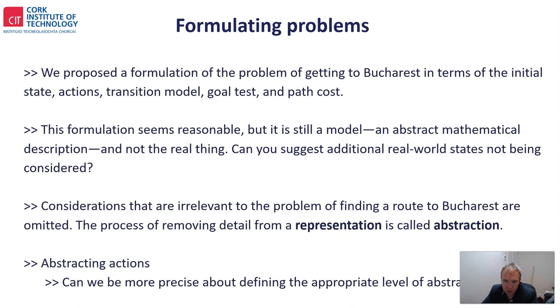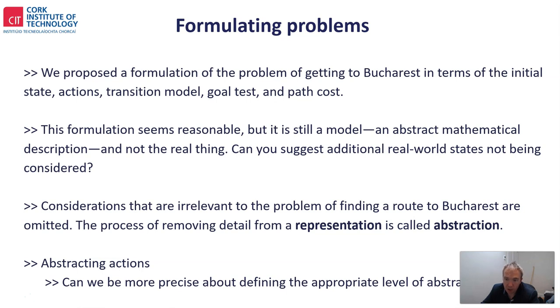But now consider a solution to the abstract problem. Again, we'll take the example of the route from Arad to Sibiu to Rimnicu Vilcea to Pitesti to Bucharest. Okay? So that's a series of different actions and relevant states.